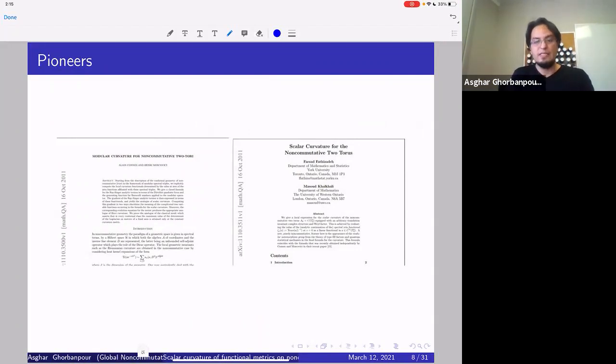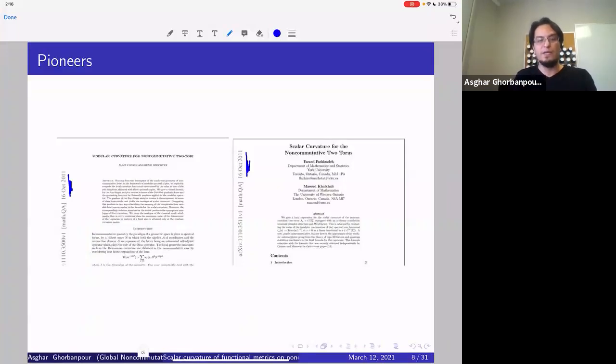These two papers were basically the first two, posted at the same time in October 2011, and the ideas I was just giving you were developed there, the computations were followed up, and the results were obtained.